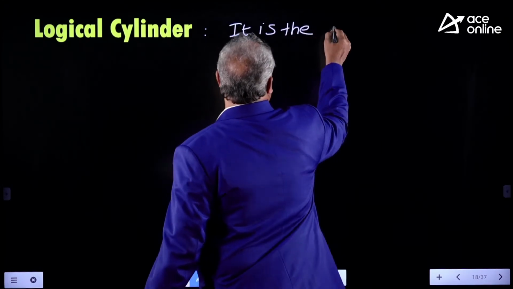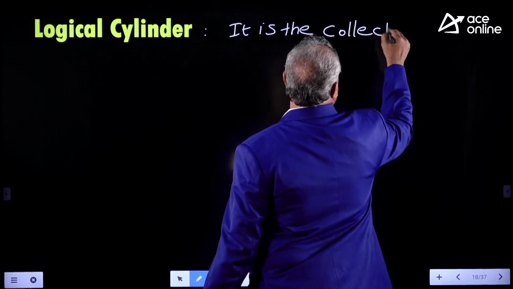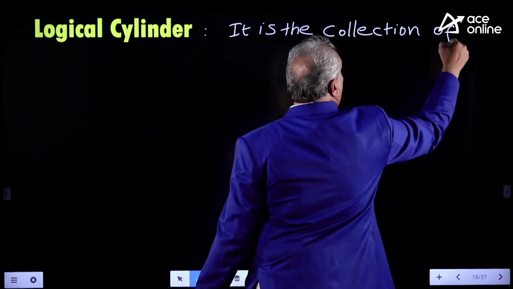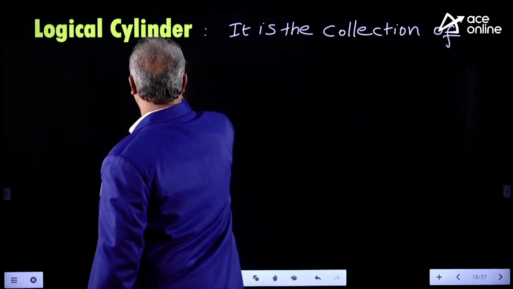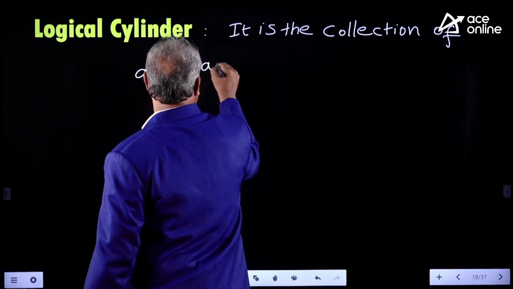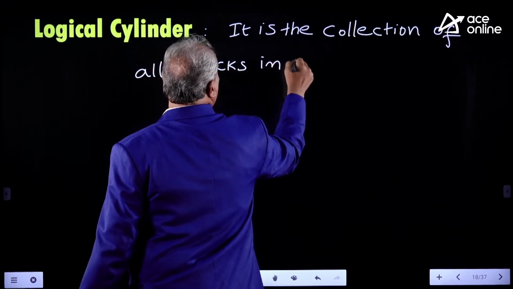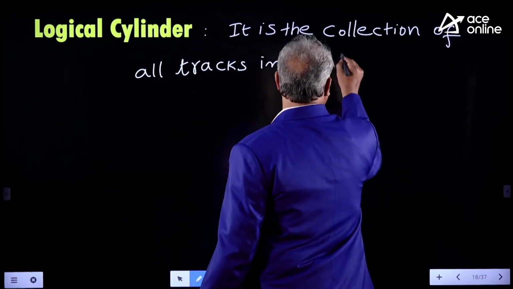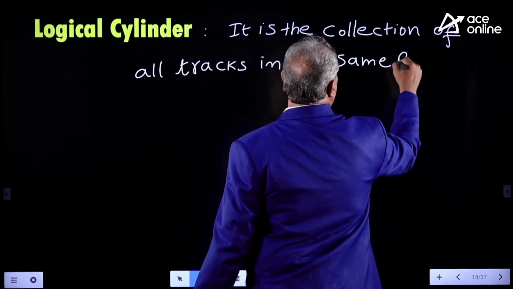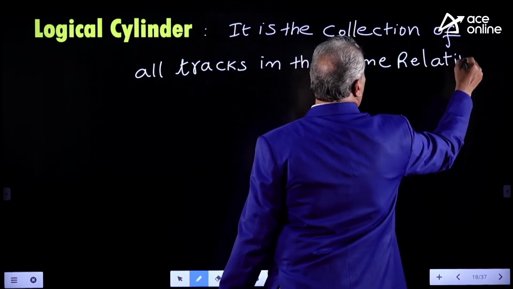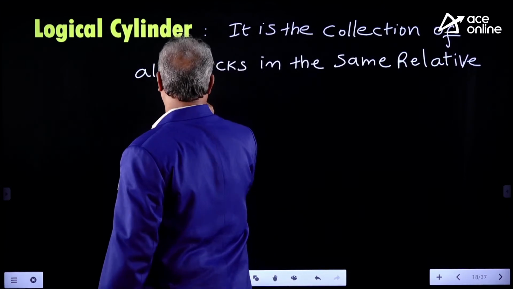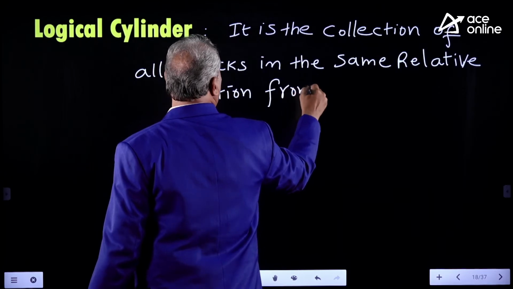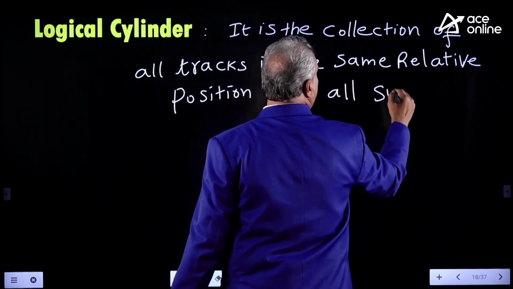Cylinder is the collection of all tracks in the same relative position from all surfaces.